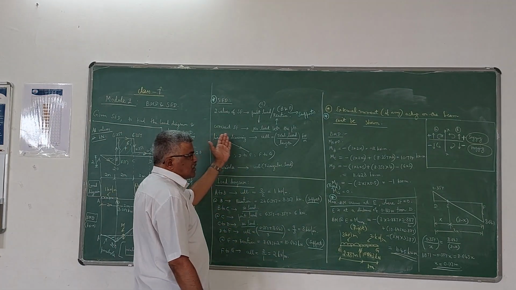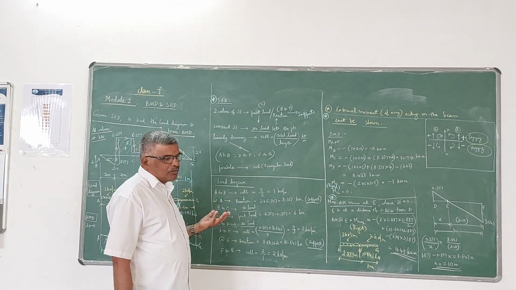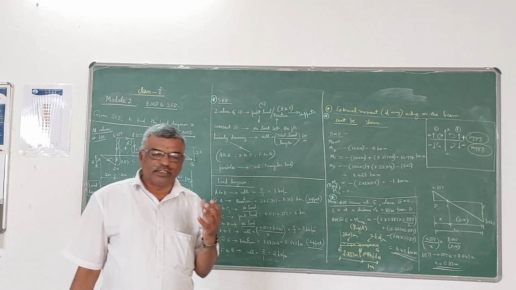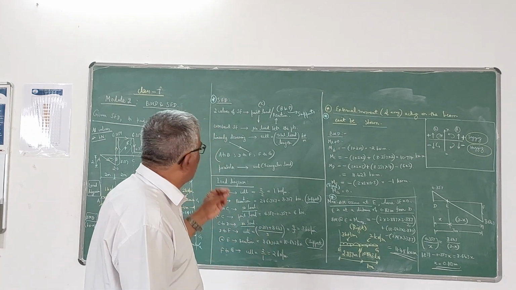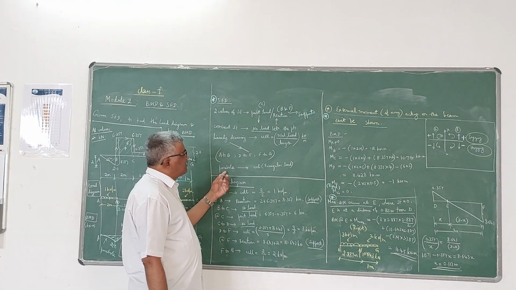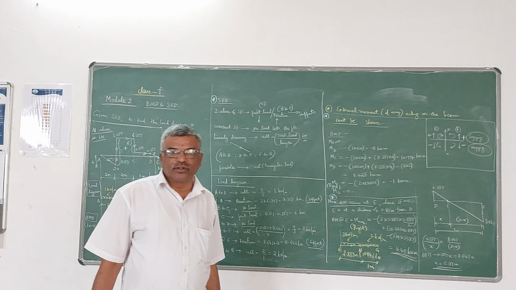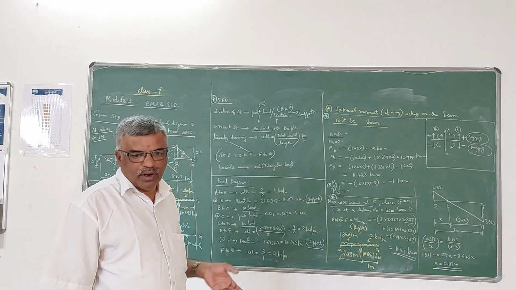If there is constant shear force, there is no load acting between those 2 points. If the shear force diagram is linearly decreasing, there is a possibility of UDL acting over that length. If it's a parabola, then there is a chance of having UVL. So this is how you have to do the problem. Thank you.